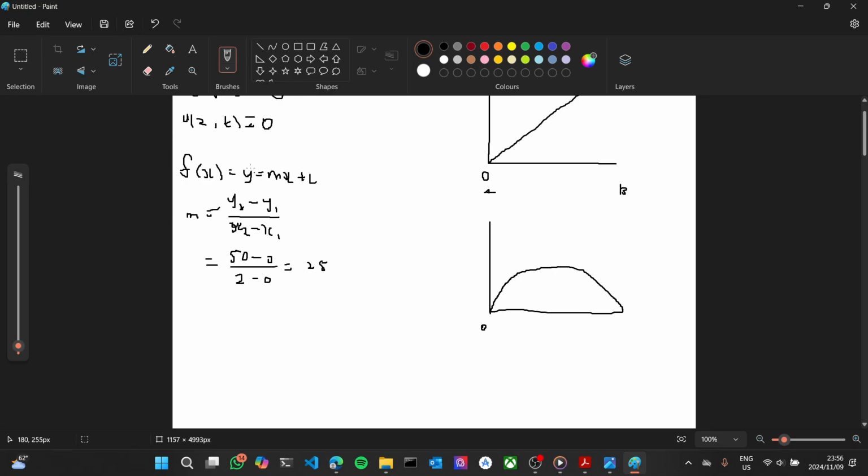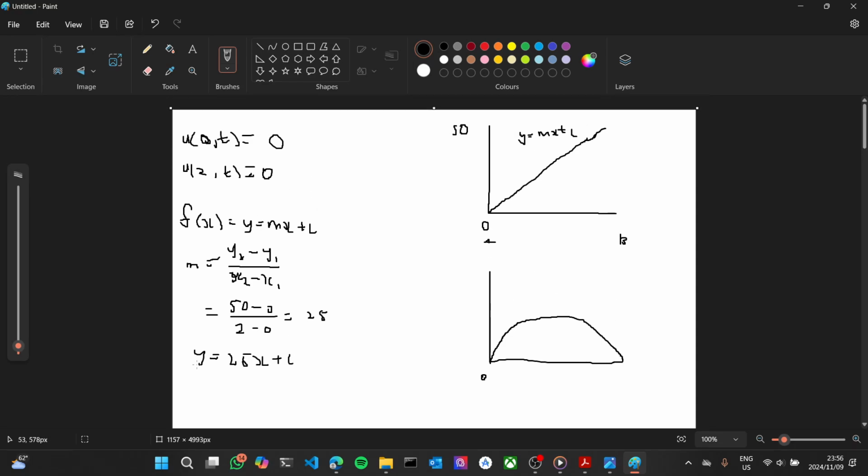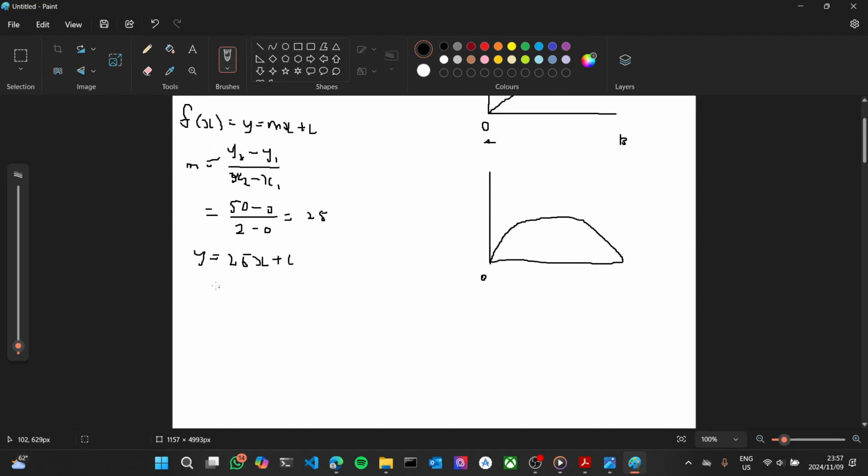And so when we input that in here, we've got a linear equation of y is equal to 25x plus c. So now we need to solve for c, right? And we can use any point along this bar. I'll just use the origin point here.